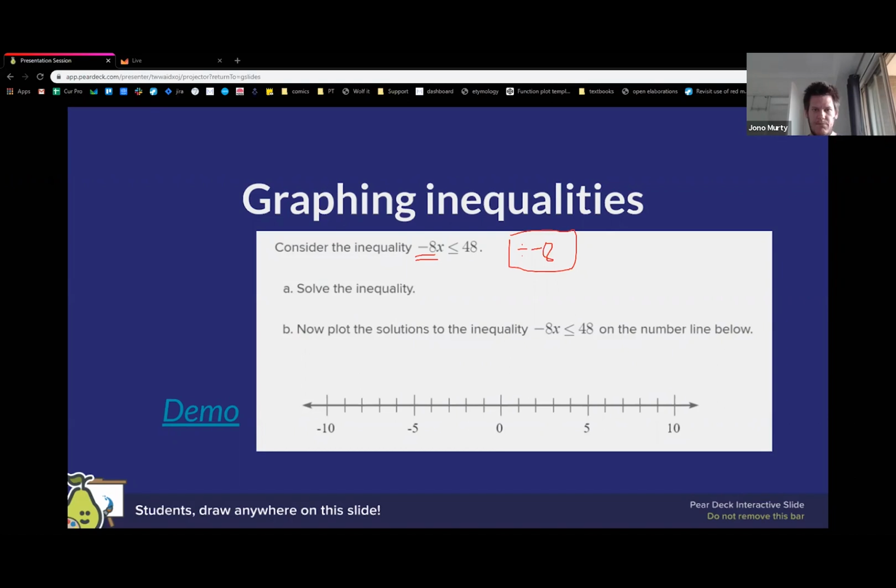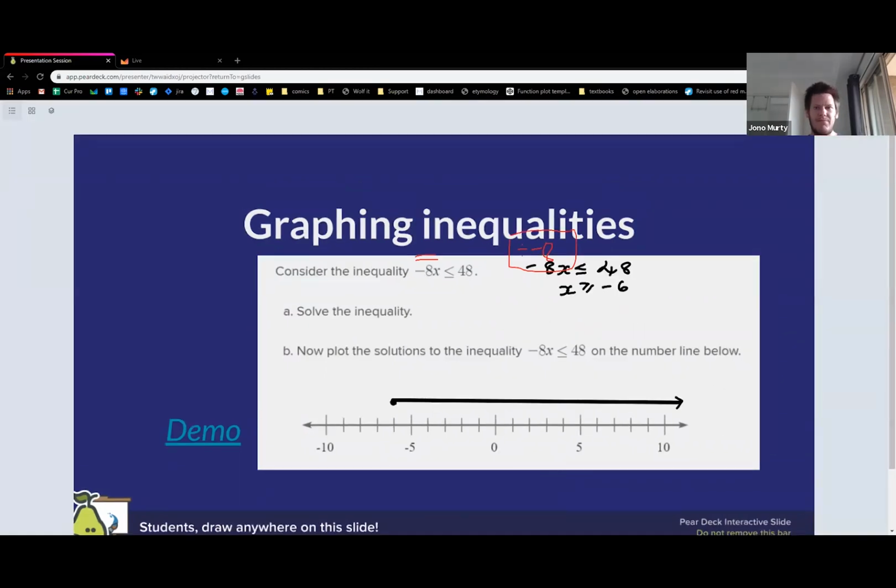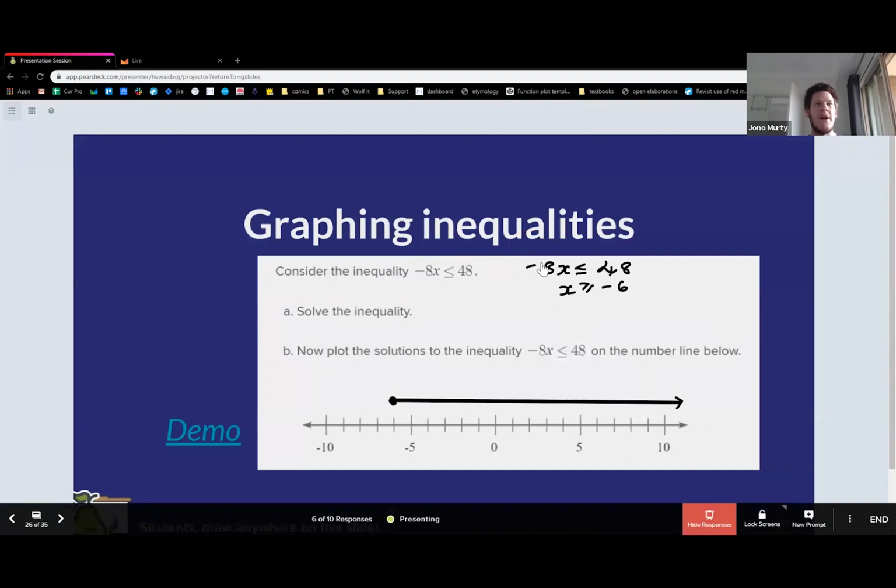Great. Looks like Lena is on the right track here. Correctly switched the sign when she divided. That's a really nice answer from Lena there. Divided by -8, so this sign switches. 48 divided by -8 is -6.